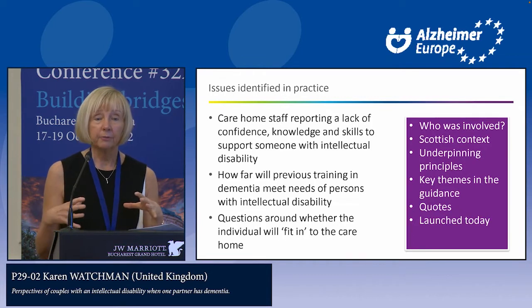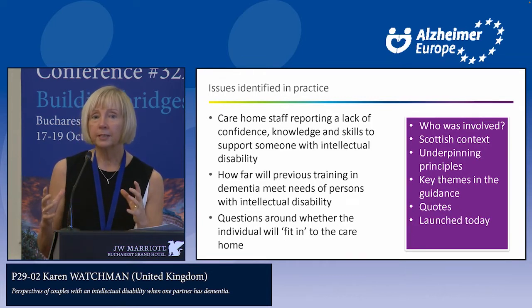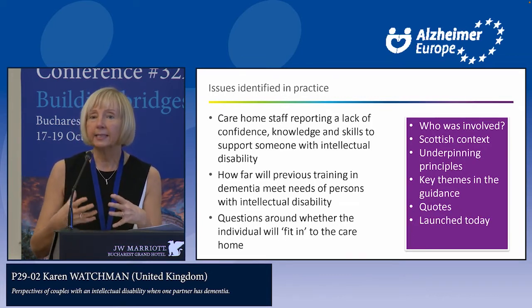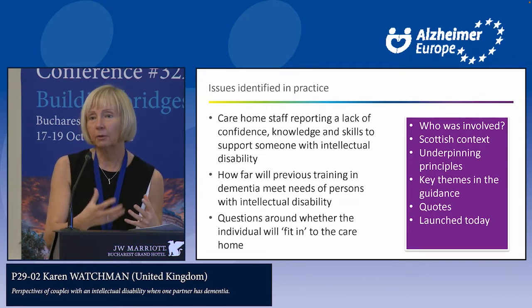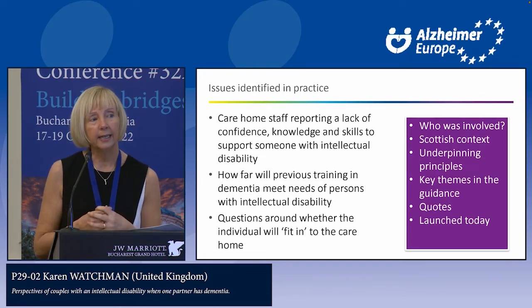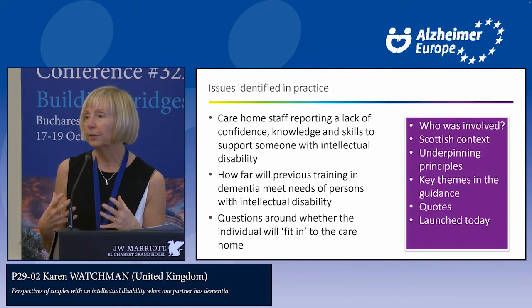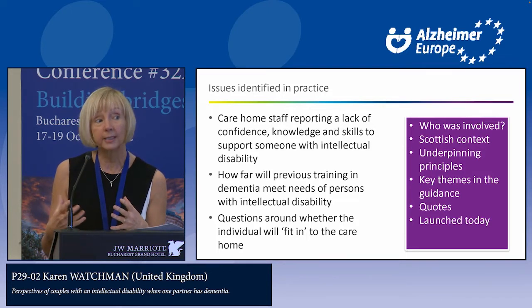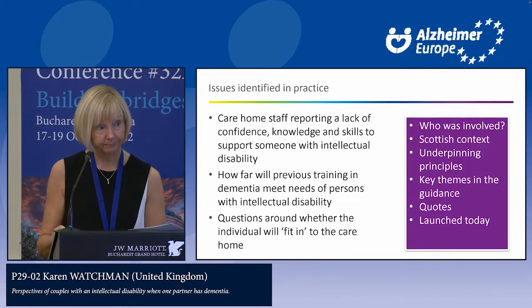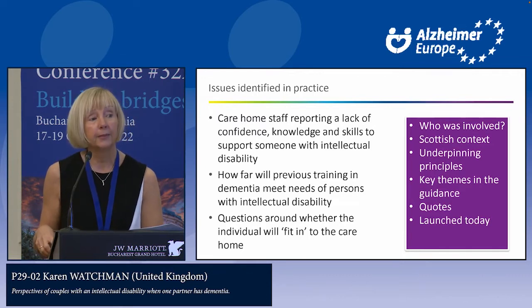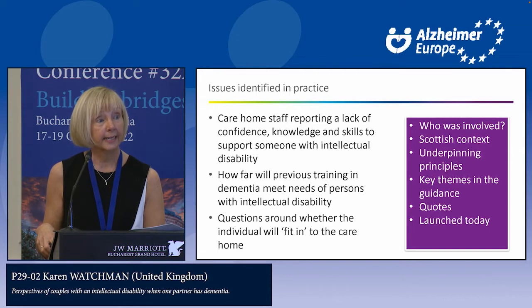And what we've done is we've presented not one person's voice, but collectively we're presenting that voice, as a personal outcomes approach. So we're pulling together what people have said, and we're presenting that as quotes within the guidance. And I've got a few of them on the slides. And as I say, it's launched today.